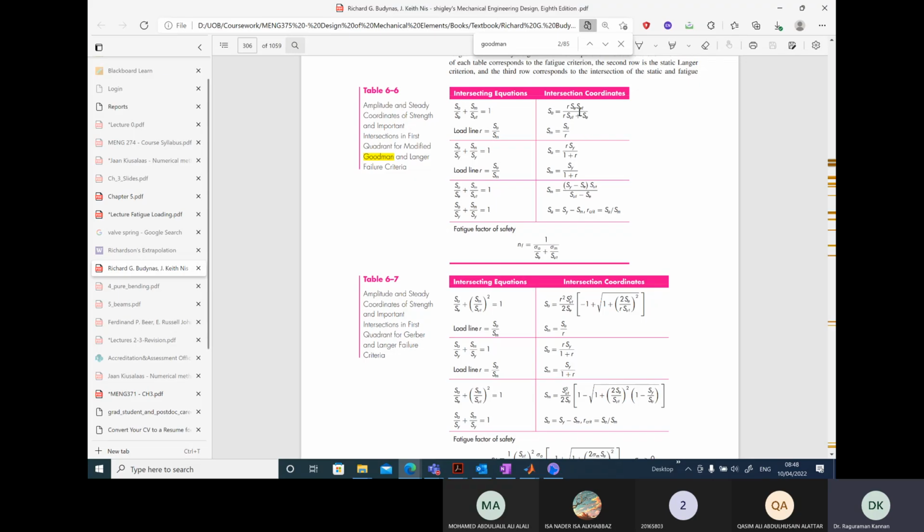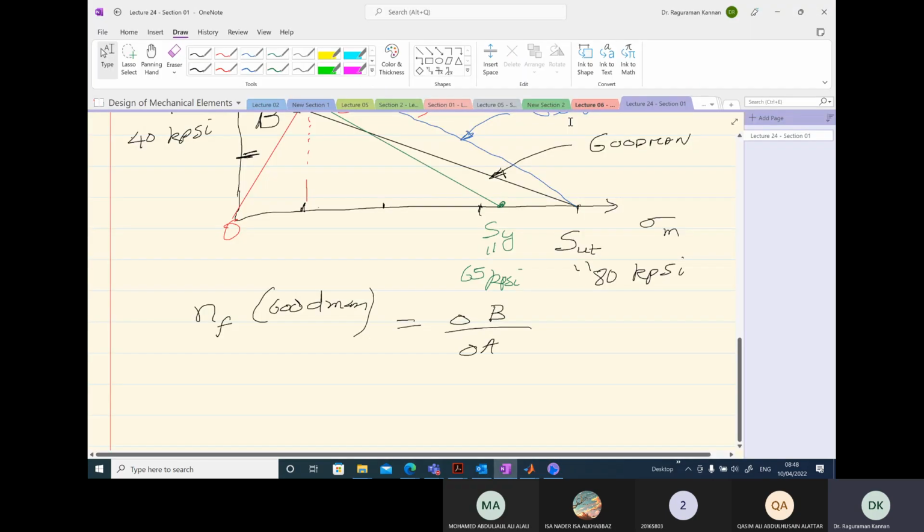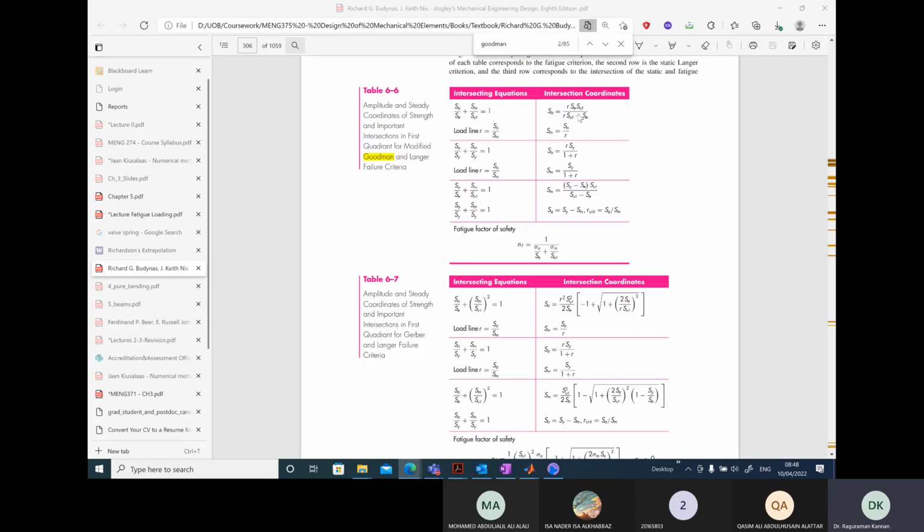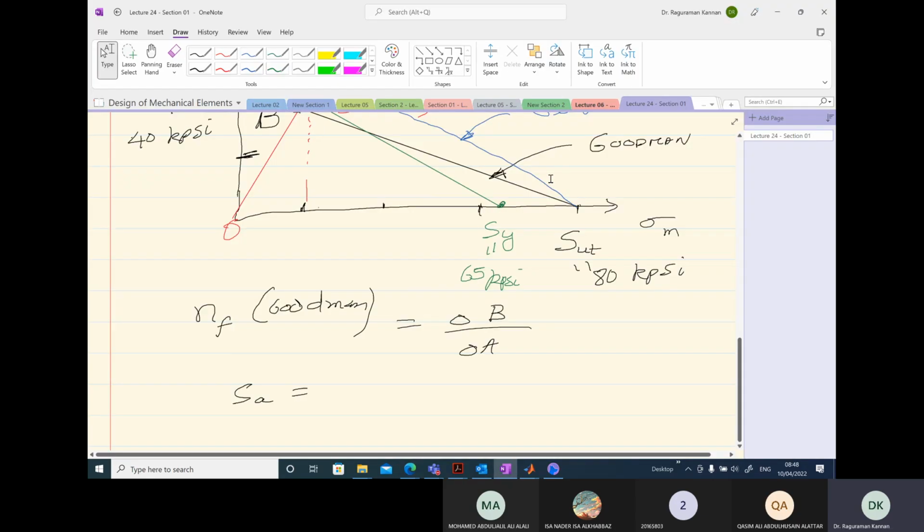And this is the intersection point, SA and SM value. So one, I'm going to do it by intersection point, the other method by directly using the formula. So SA, the intersection point, is given by R SE SUT. So first I need to find what is R. R here is nothing but sigma A over sigma M.